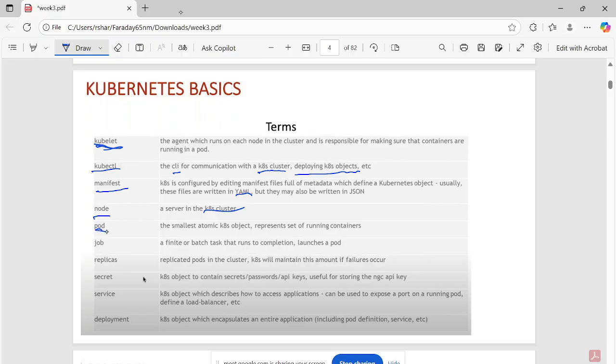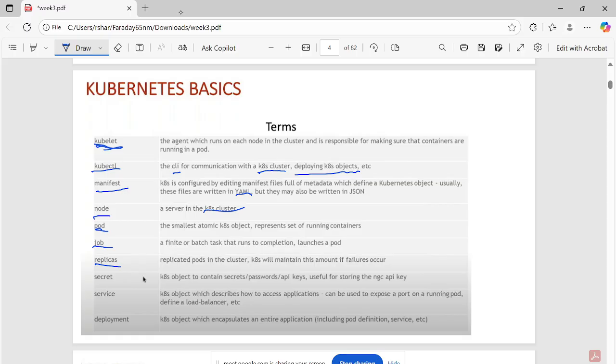Pod is the smallest atomic object on the particular node. Job is a finite or batch task that runs to completion, which launches a pod. Replicas are replicated pods in the cluster, and K8s objects to maintain API keys, passwords, and all this.